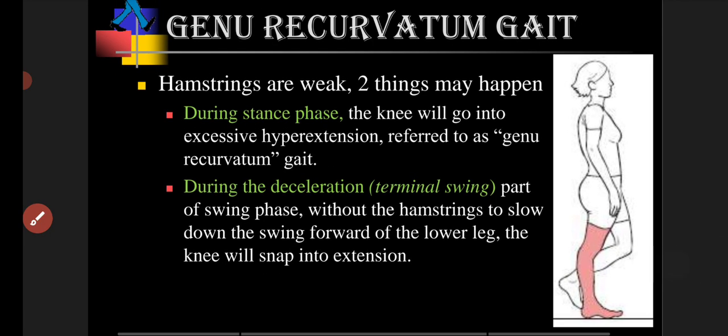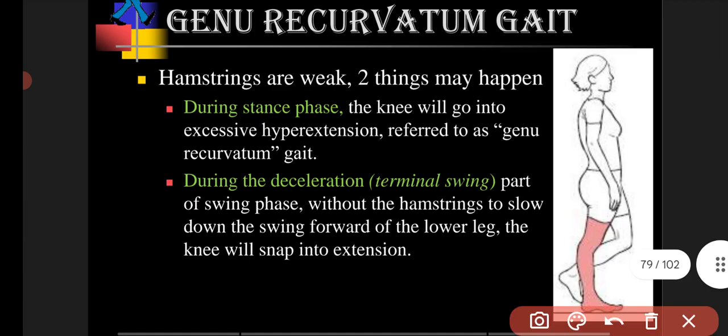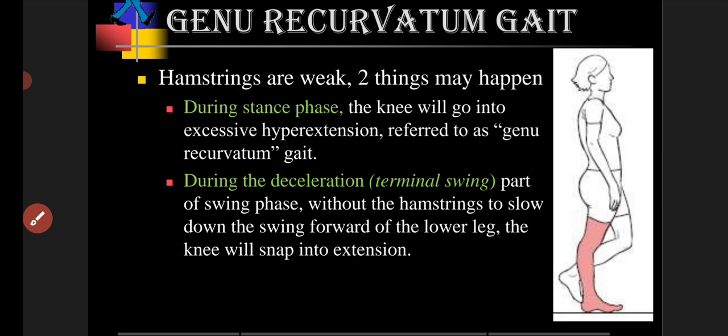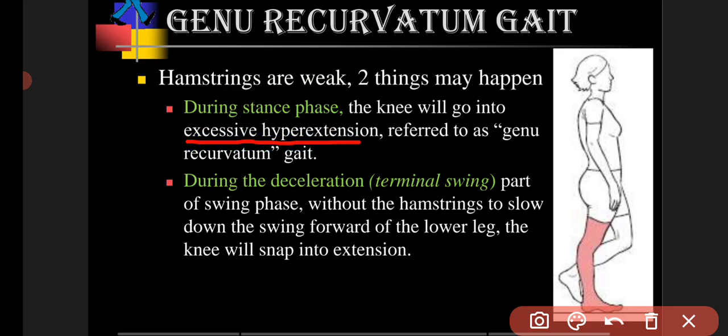Okay. When the hamstring muscles are weak, two things may happen. During stance phase, the knee will go into excessive hyperextension, referred to as the genu recurvatum gait.